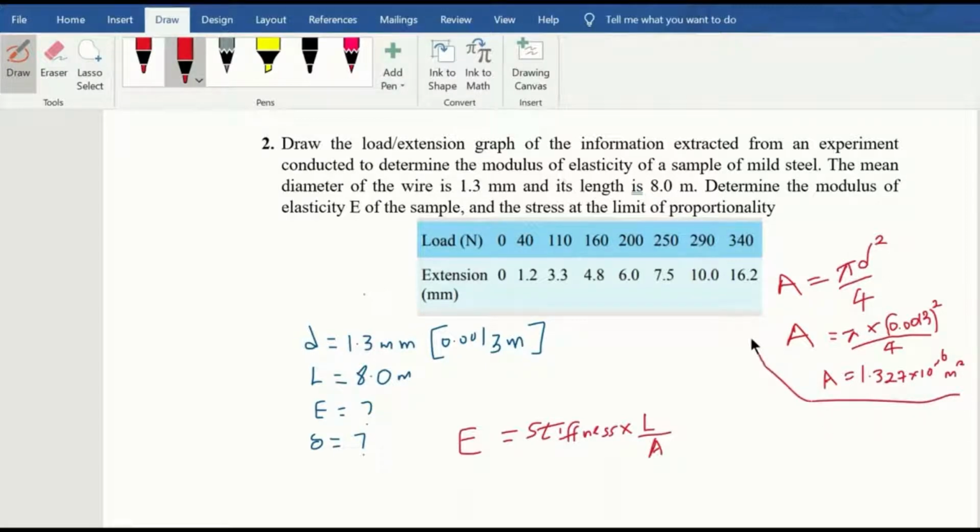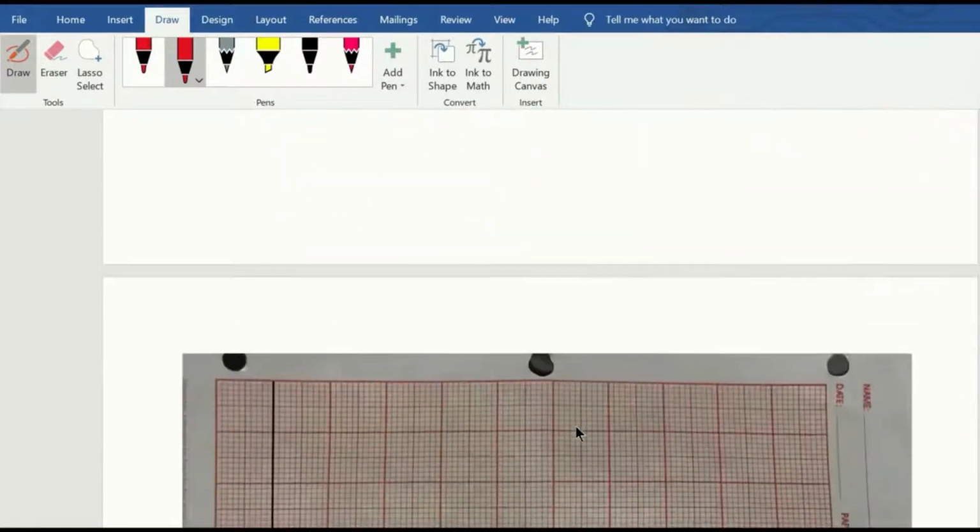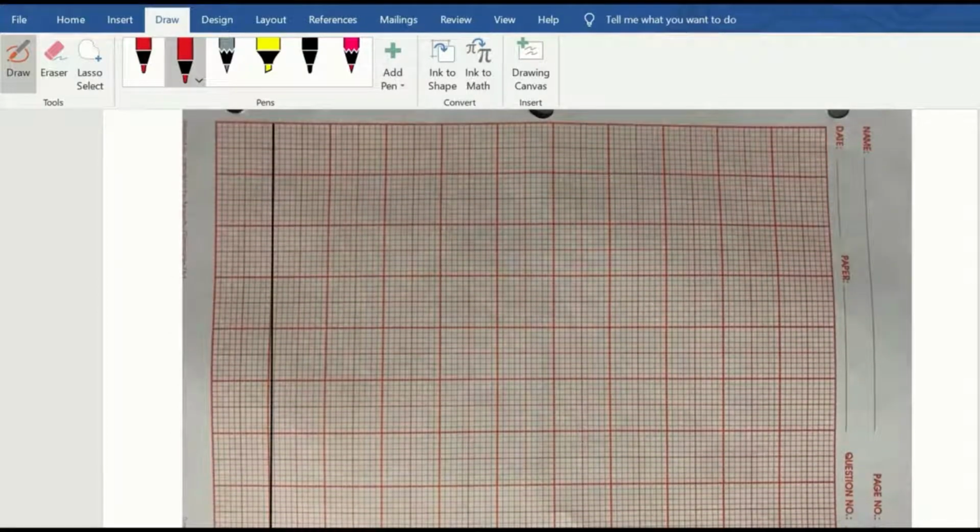What I do next is to find the stiffness, which I say that to find the stiffness, we have to plot a graph. So I come to my graph. So here is my graph.